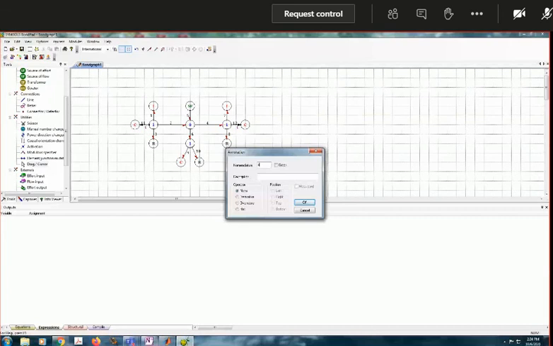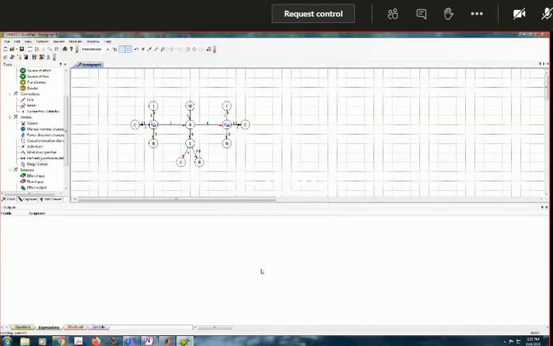Then right click on the front one junction, which is x at head. The derivative operator you can choose from here.